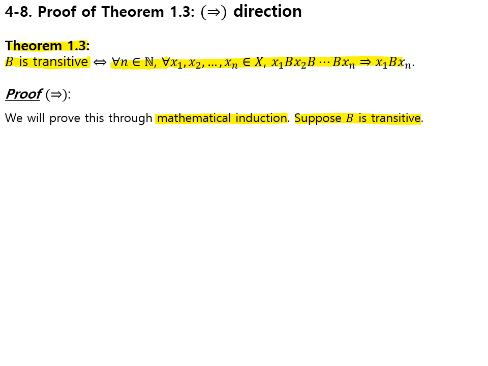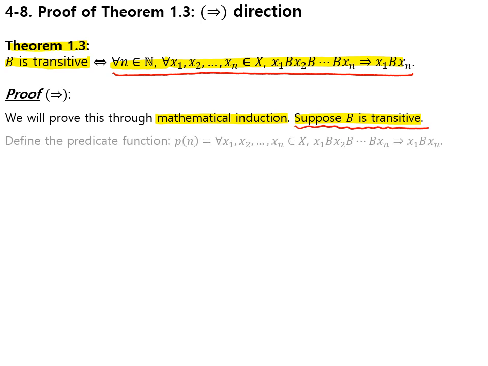The antecedent here is that the binary relation is transitive. So you first suppose that B is transitive, and what you need to show is that the fact that B is transitive implies that for all natural number n, this whole statement is true.